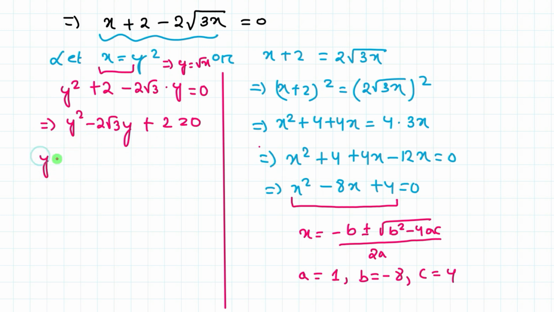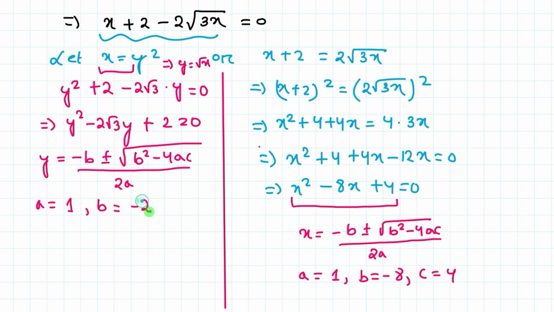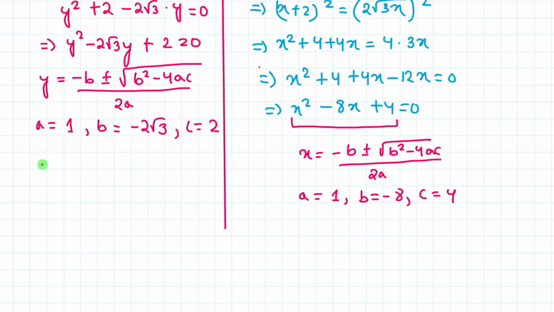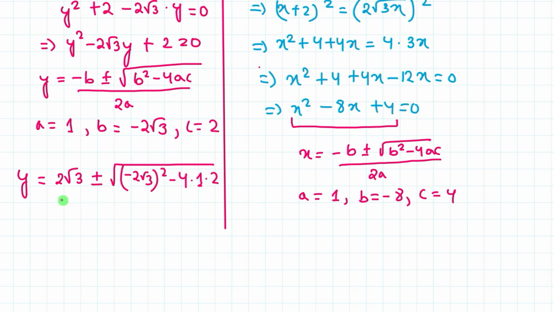So here I will put the quadratic formula, that is −b ± √(b² − 4ac) divided by 2a. Here a = 1, b = −2√3 and c = 2. Now putting all the values in the formula, we have y = (2√3 ± √((−2√3)² − 4 × 1 × 2)) / (2 × 1).